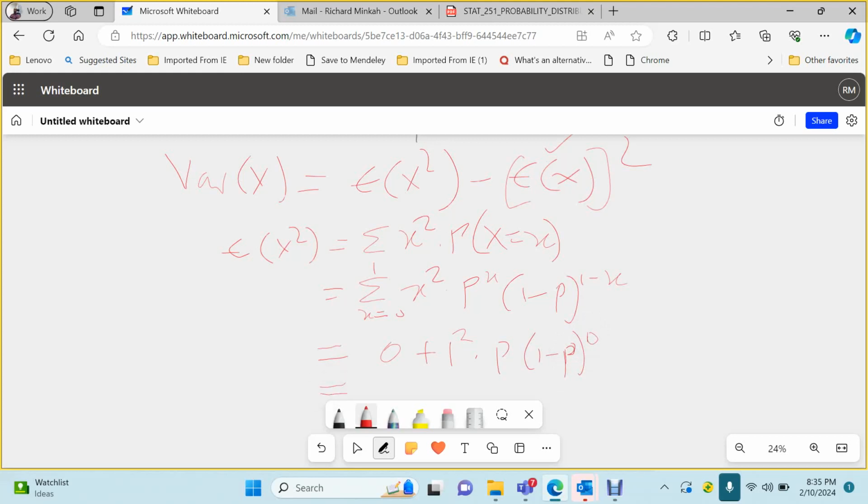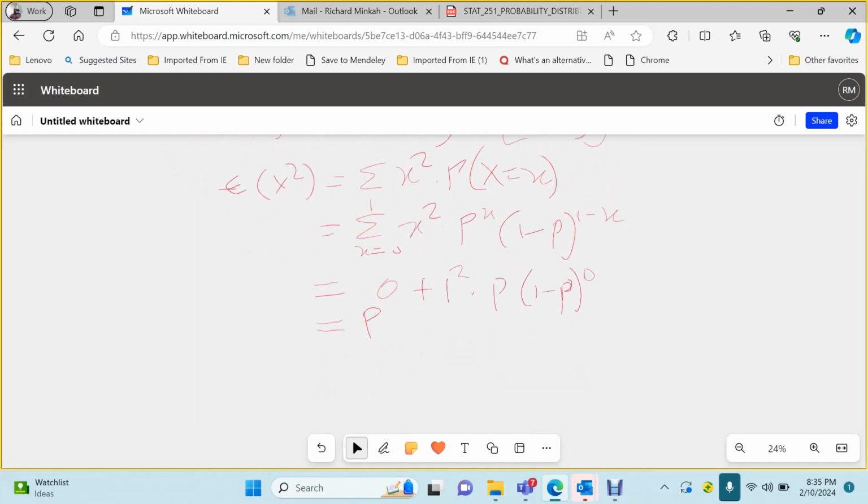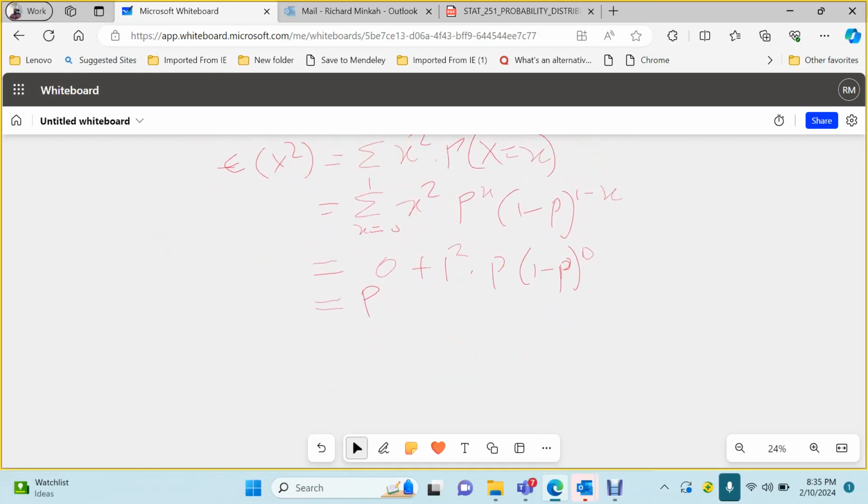The expected value of X squared is equal to P. Yes, sir. Good. So you realize that the expected value of X is equal to P. The expected value of X squared is also equal to P.